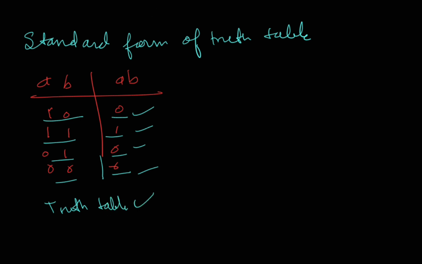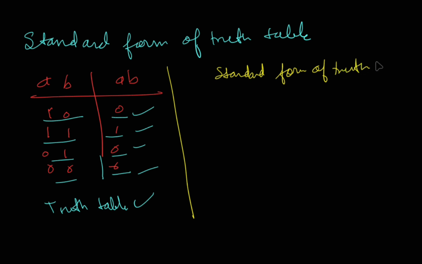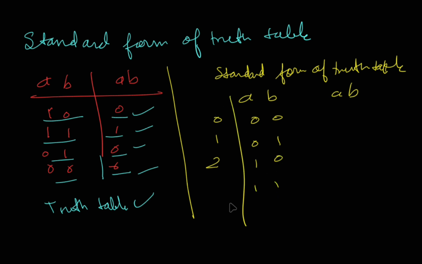What is the standard form of truth table? So this truth table we write in the form of their binary number. Like this we write 00011011.